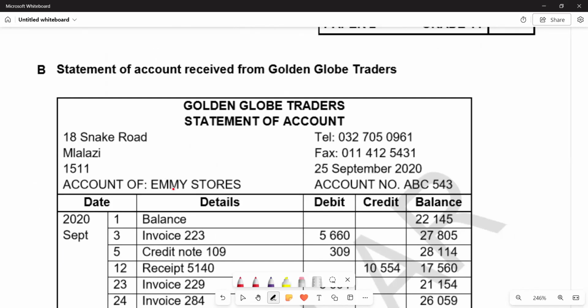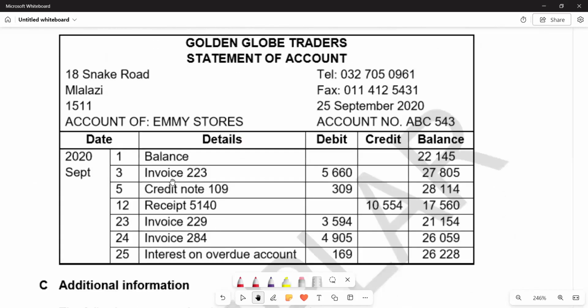Then we are given a Golden Globe Traders statement of account. So what is appearing on the credit side of the ledger indicates our credit purchases, and also they should appear on the debit side of the statement of account. So the opposite is true: what is on the credit side of the statement of account should be on the debit side of the ledger.